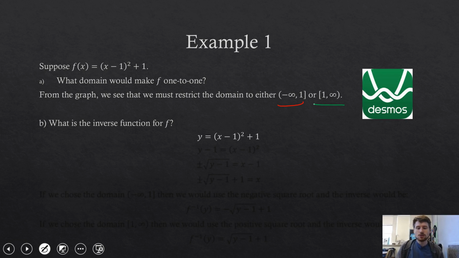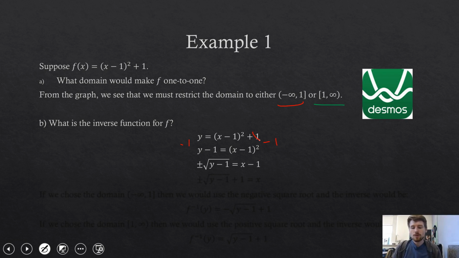But let's go ahead and try our steps of solving for x, plugging in y and then solving for x. So let's see, what would we do to undo things here? Well, I think I'm going to take away 1, so that's going to give us y minus 1 equals x minus 1 quantity squared. Now I'm going to take the square root, and see, now we can see why we're having problems finding the inverse function.